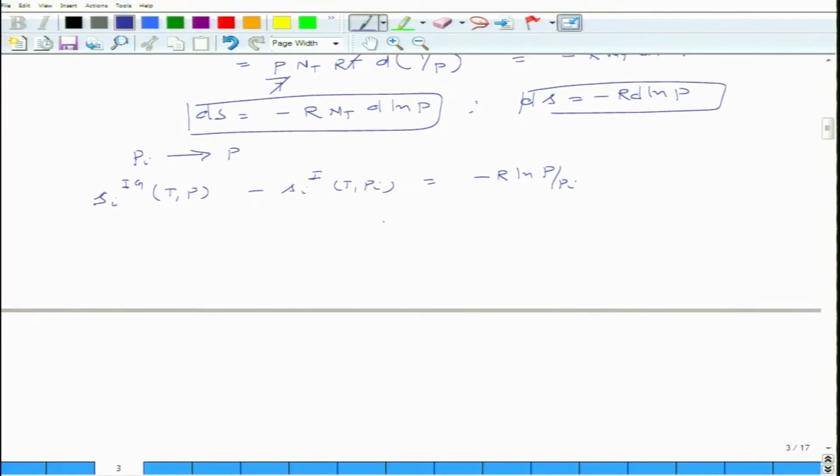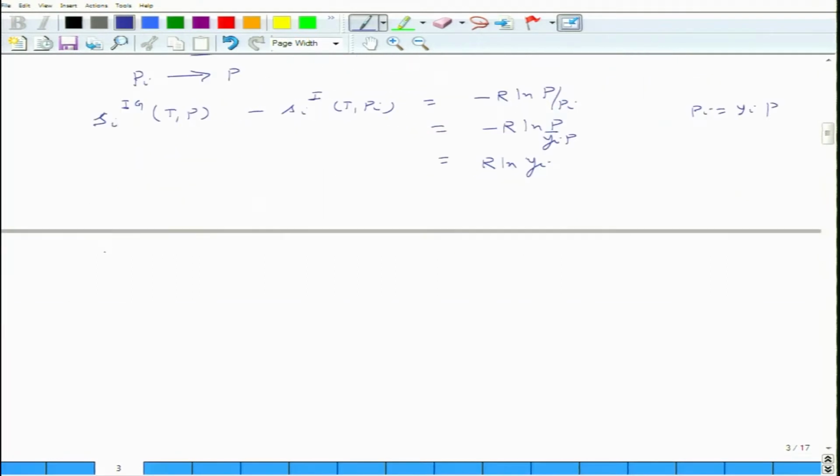Okay. So, this expression holds for an ideal gas mixture, and this is a molar property. When we integrated, we got this expression. Now, what is Pi? Pi is yi times P. So, I can get an expression now, minus R ln P by yi P, and this is equivalent to R ln yi.